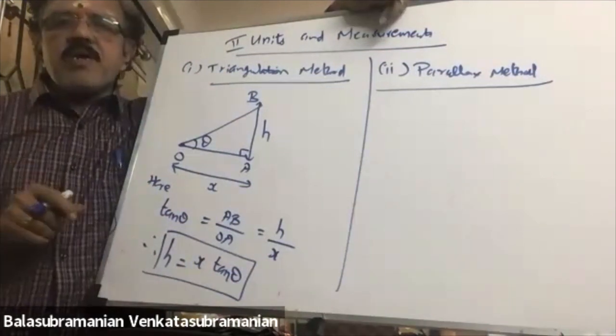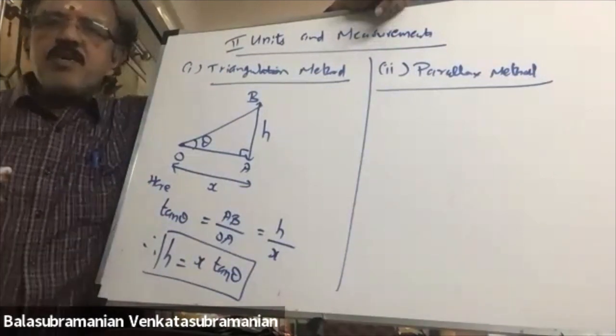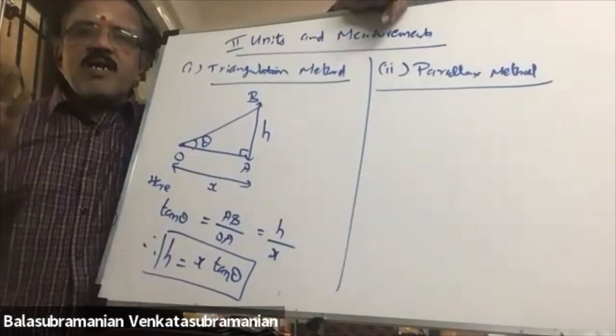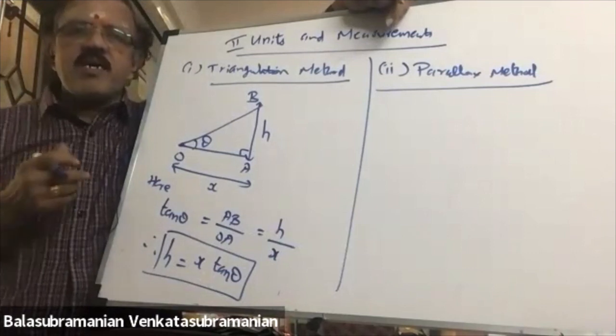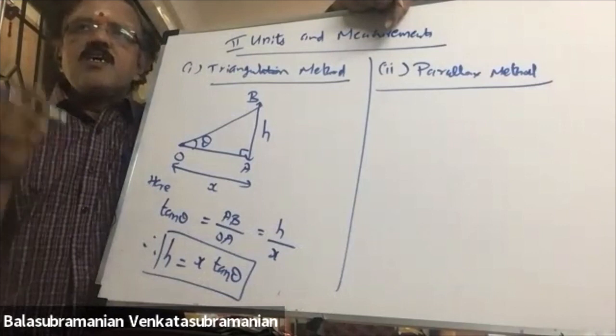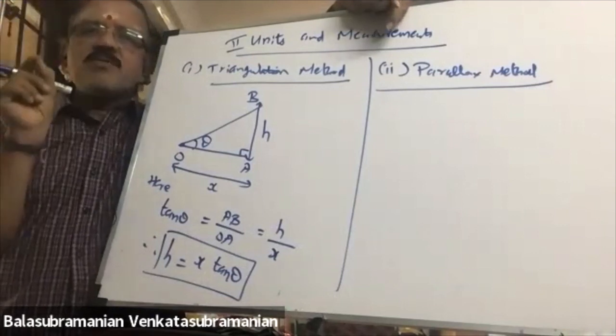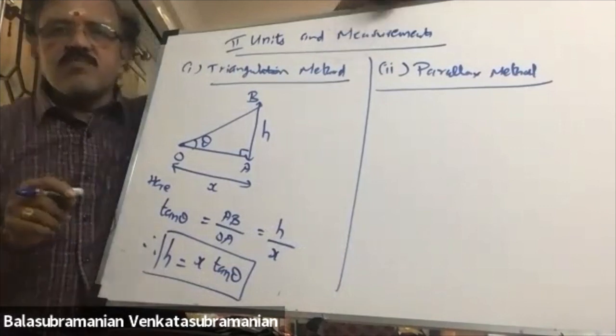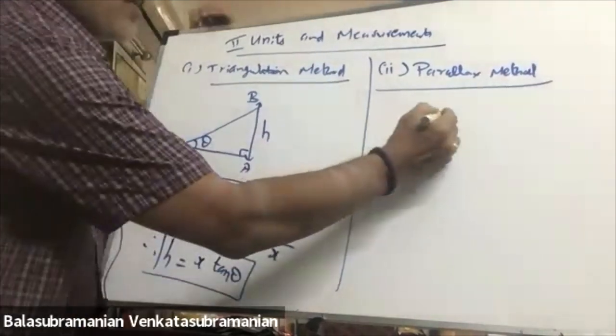Here one important point you have to keep in mind. When you are measuring any distance from the earth, the planet size will be enormously high. But you have to assume the planet as a single point, and as a point only you have to observe it.